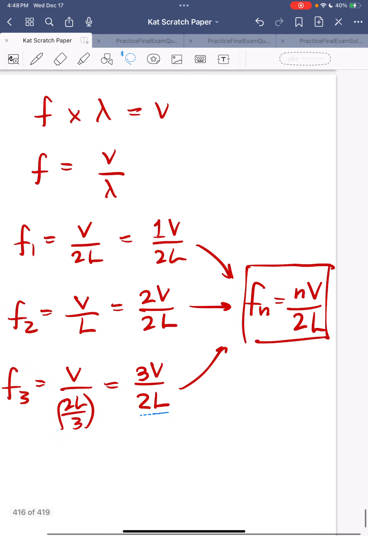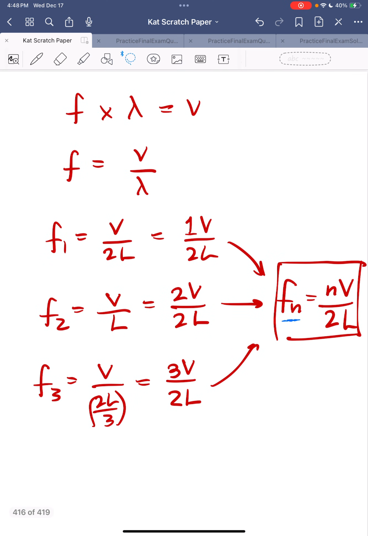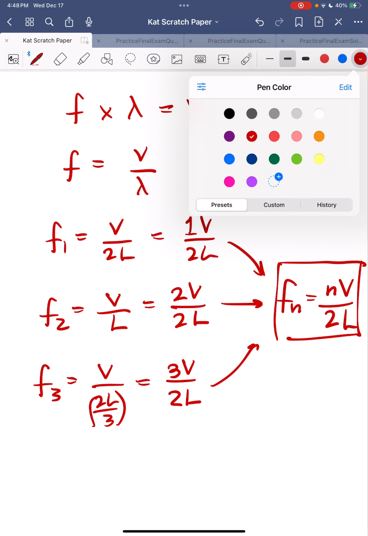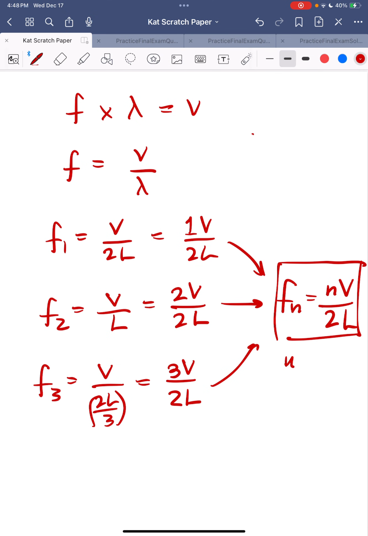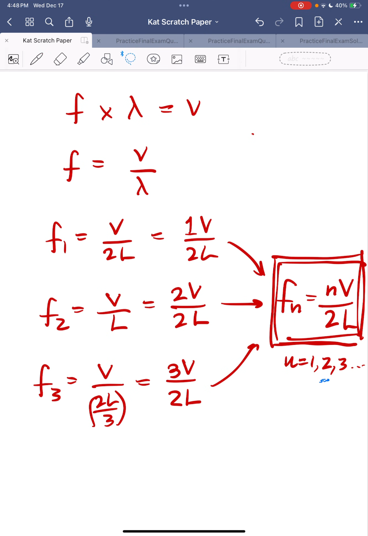That leads to this formula: the nth harmonic equals n times v, all divided by 2L, where n equals 1, 2, 3, etc. So that's the formula to give you the different harmonics of a string that's fastened at both ends. Remember that the lowest energy is n equals 1, then slightly higher is n equals 2, and slightly higher is n equals 3.